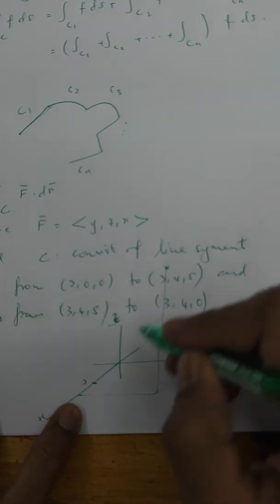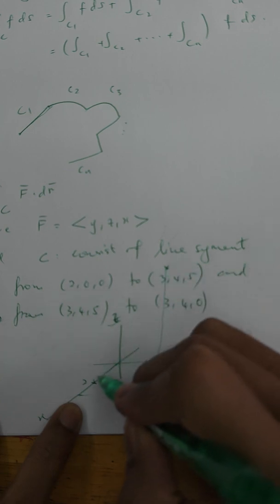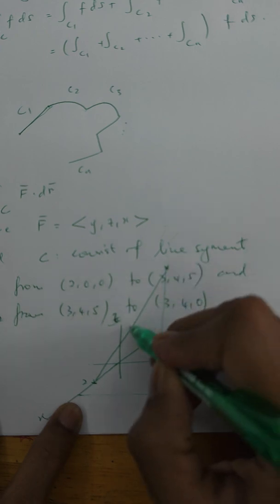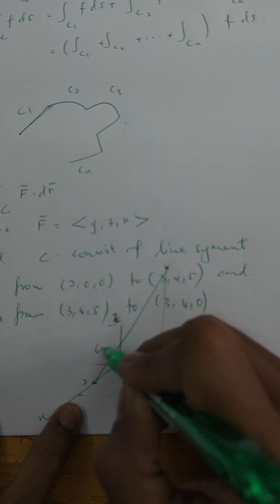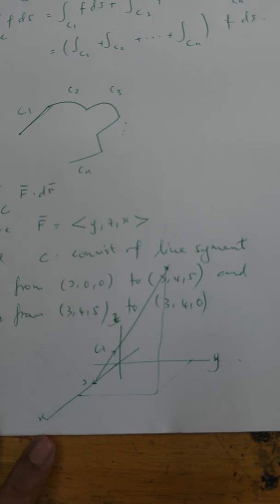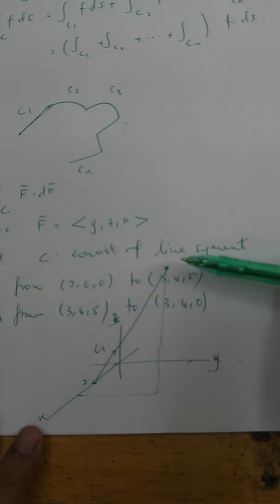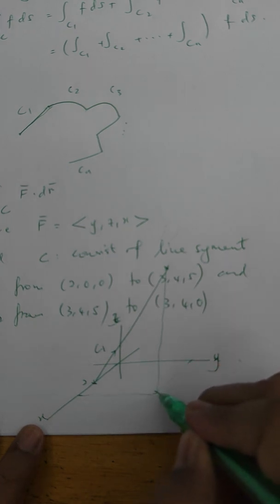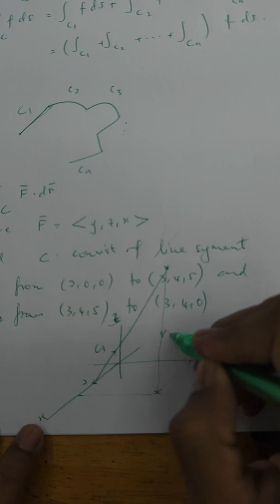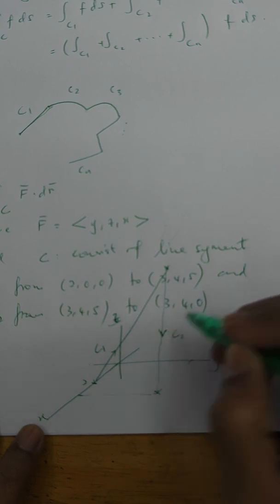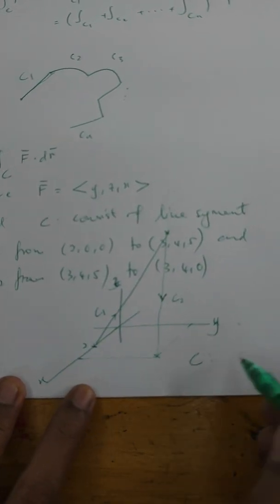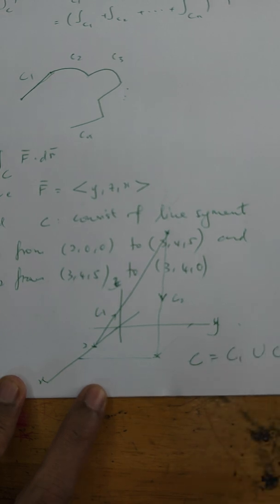From this point to that point, this is C1. For C2 we go from (3,4,5) to (3,4,0), which is this point here. This is our C2. Now our C consists of C1 and C2.